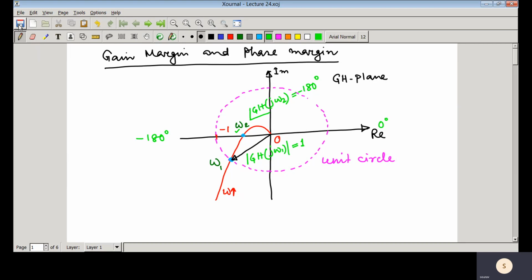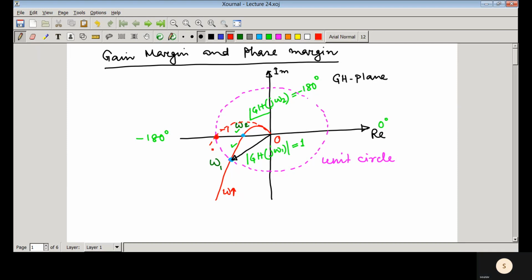So if this Nyquist plot is very close to the critical point, then the number of encirclements would be different if we give a little perturbation to the system. Suppose we change the gain of the system, what happens?